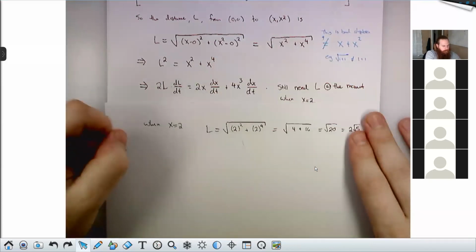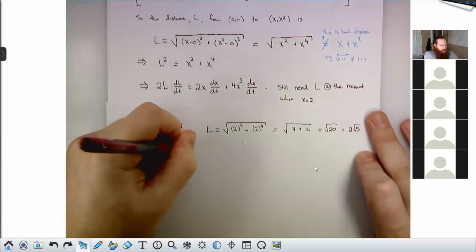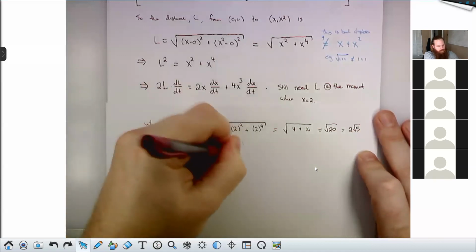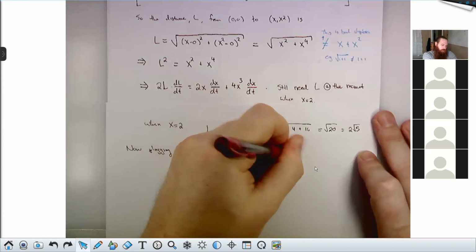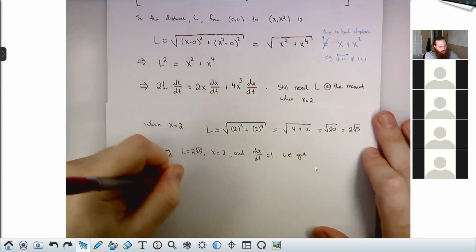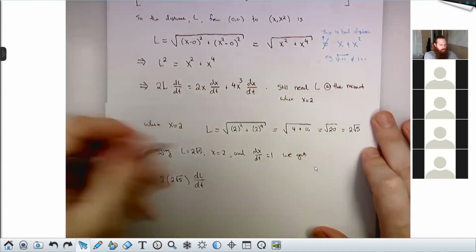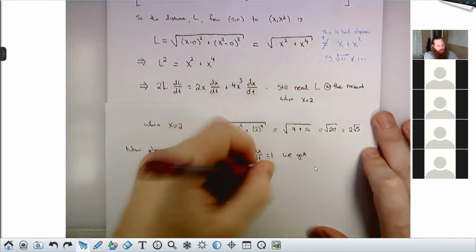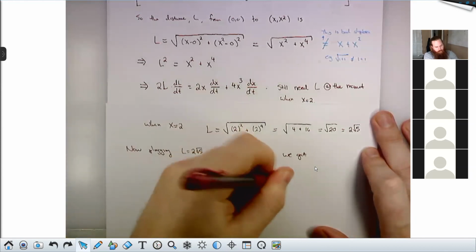So now, plugging in L equals 2 root 5, x equals 2, and dx/dt equals 1, we get 2 times 2 root 5 times dL/dt, which is the thing I want, equals 2 times 2 times 1 plus 4 times 2 cubed times 1.